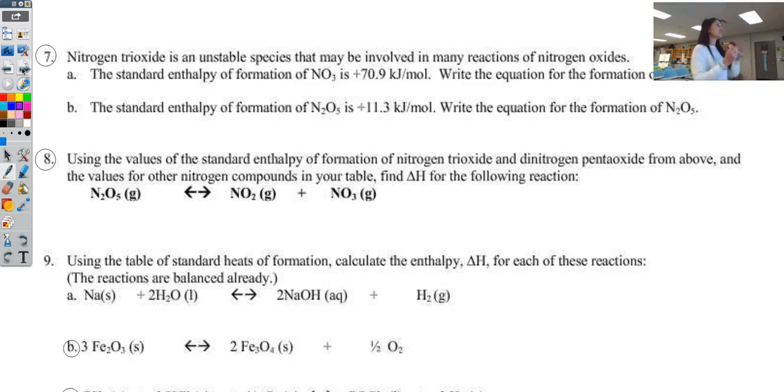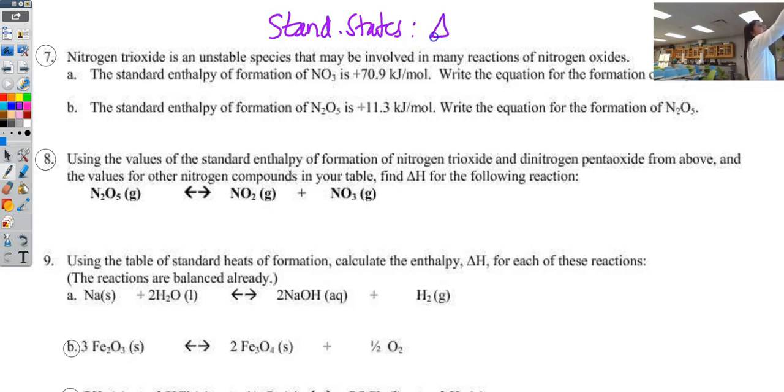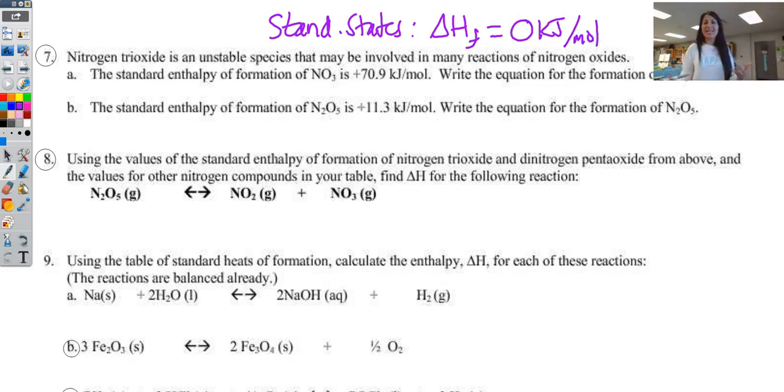Elements in their standard states have a delta HF equal to 0 kilojoules per mole. In other words, it's already in nature, so we didn't have to put anything together to make it. These are all the elements in their standard states.